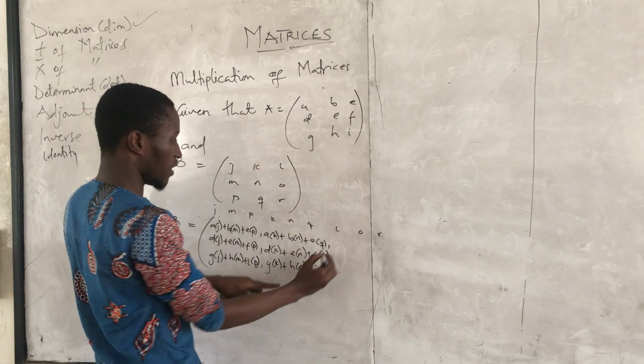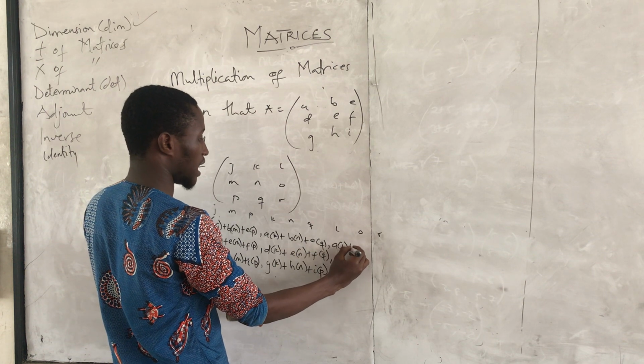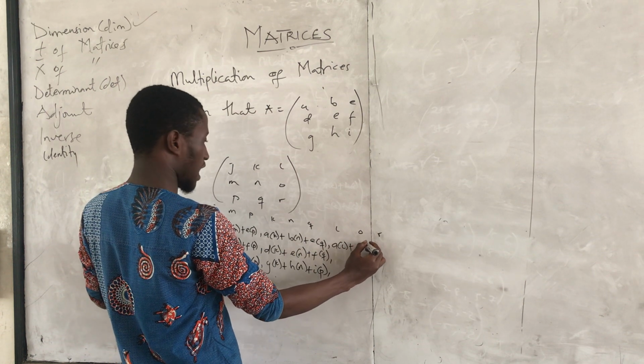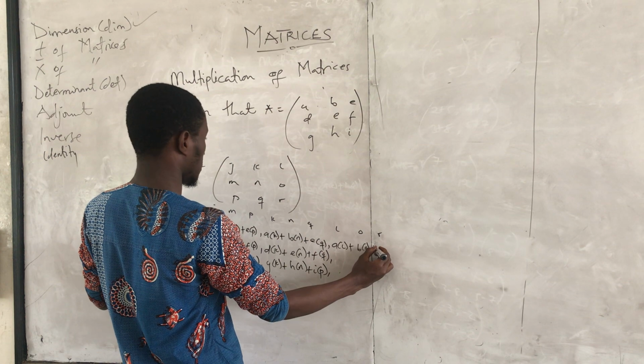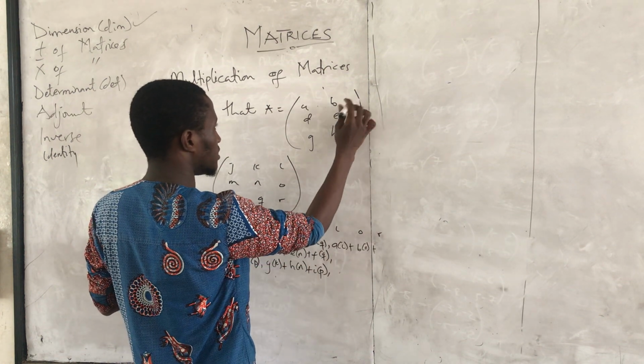L-O-R. So we have A times L plus B times O plus, oh, this is C, sorry.